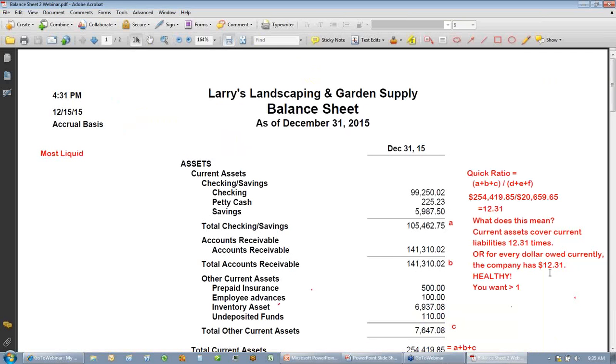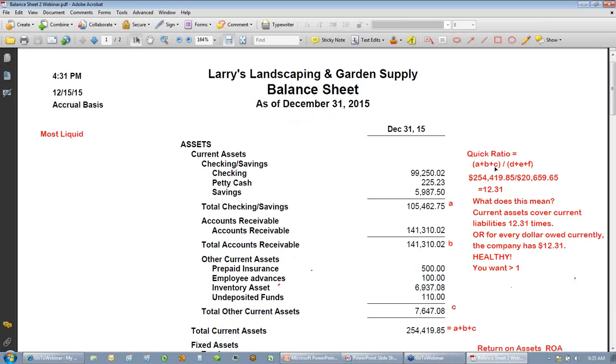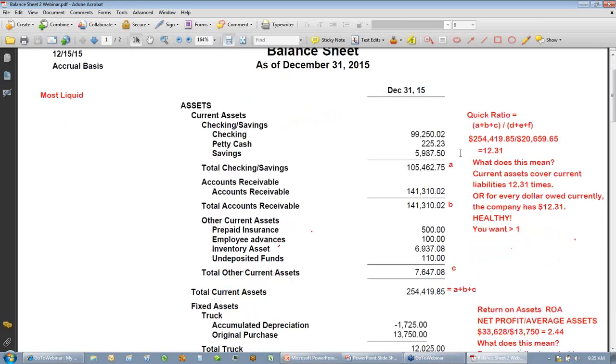You can see here on the right-hand side, the quick ratio. I have A plus B plus C divided by D, E, and F. A, B, and C are basically my liquid assets: my cash, my receivables, and my current assets. My total A, B, and C equal $254,000 and change.